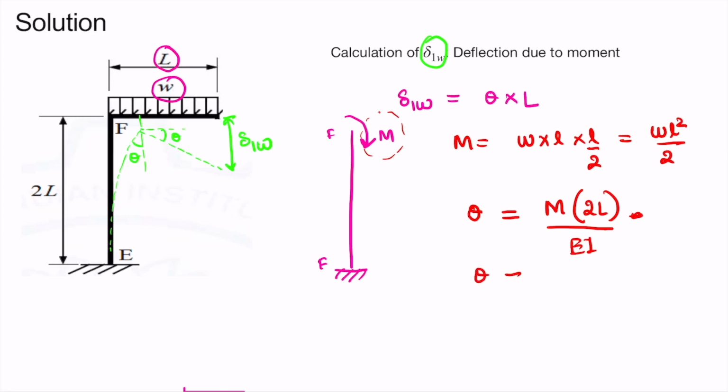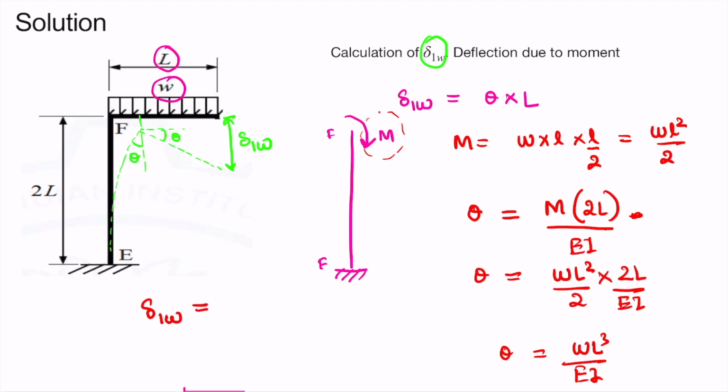The value of theta will finally be WL square by 2 multiplied by 2L divided by EI. Hence theta will be equal to WL cube by EI. We will calculate the value of delta 1 W as theta multiplied by L. Theta we already know, WL cube by EI, multiplied by length.